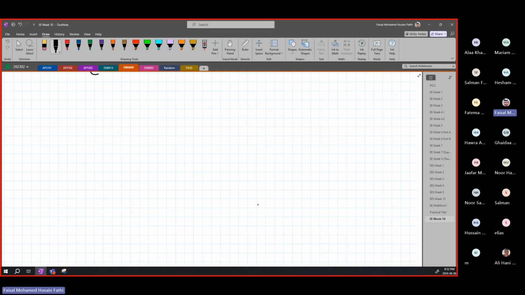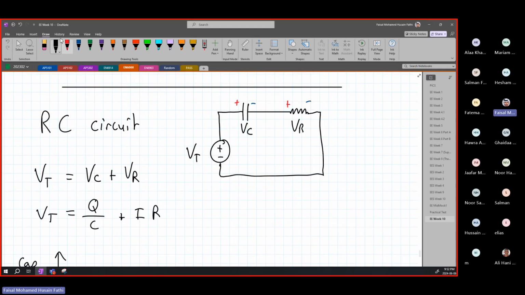So when we're talking about charging, let's make a graph of time with the capacitor voltage, VC. At the very beginning, let's say that there is a switch over here, and it was open. Okay? Let's just say hypothetically the switch is open.